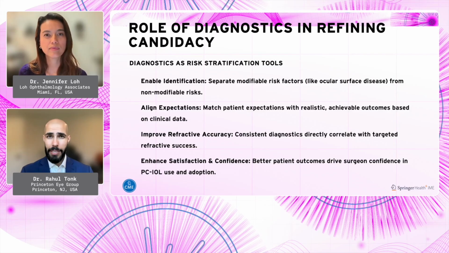Right. So the next piece is to assess their candidacy for various lens implants. As we alluded to before, when you extend the depth of focus, let's say with a multifocal full range of vision lens and partially with an extended depth of focus lens, you're trading off contrast sensitivity at the primary focal point for depth of field. So you want to make sure there's no other disease in the eye that's going to affect that contrast sensitivity.